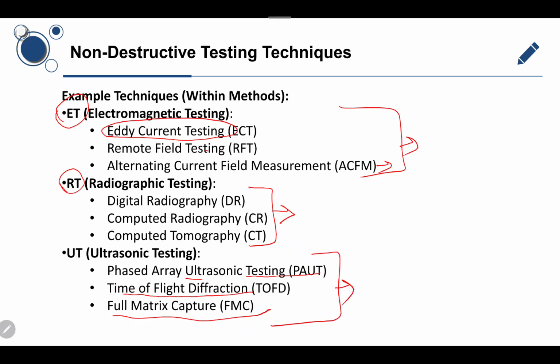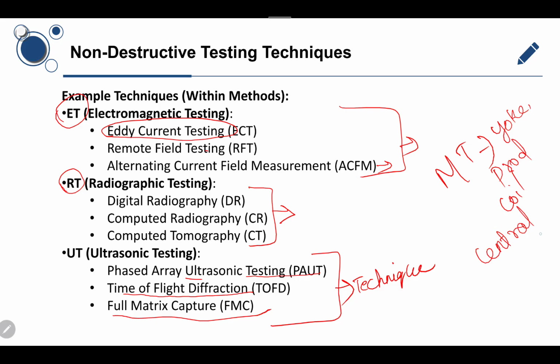These are the techniques used in UT. In MT, we use the yoke technique, prod technique, coil technique, and central conductor technique. Central conductor technique is only for hollow parts. So these are the techniques used in the methods.